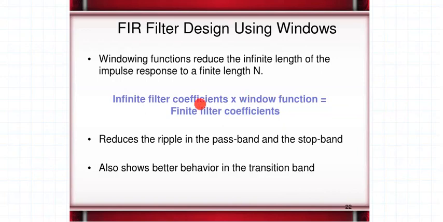This systematic truncation reduces the ripples in the passband and stop band, and it also shows better behavior in the transition band. So this is the advantage of why we go for designing FIR filters with the window method.